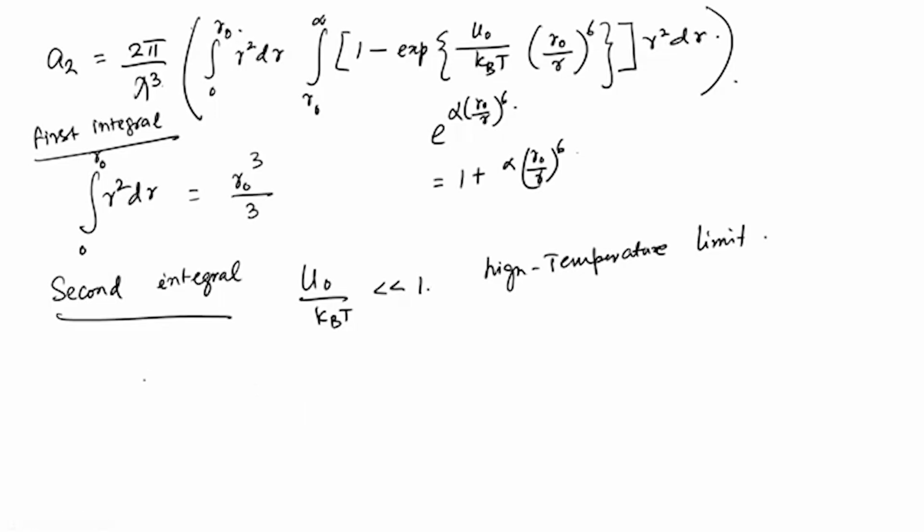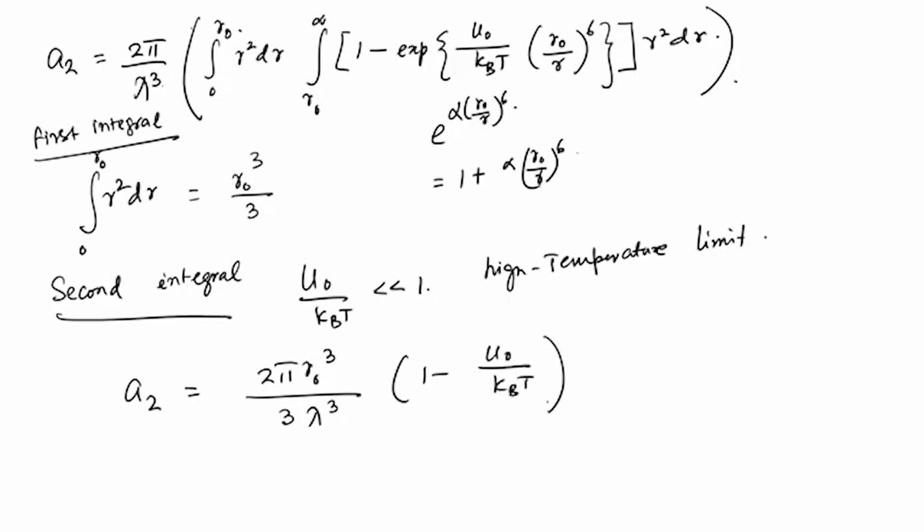You can write this then as A2 equal to 2 pi r0 cubed, combining the two terms, over 3 lambda cubed times (1 minus u0 by kT). And because of this approximation being used, we call it a high temperature expansion.